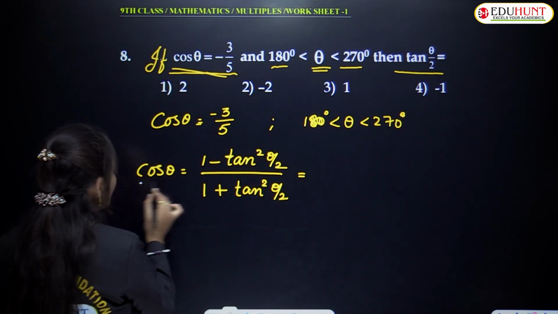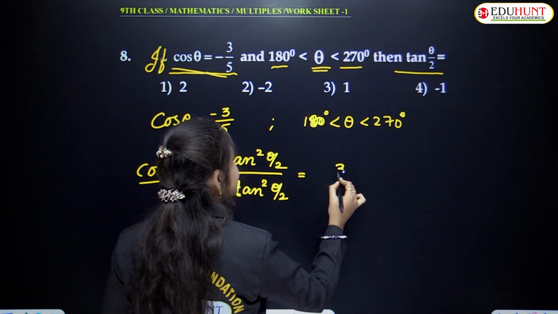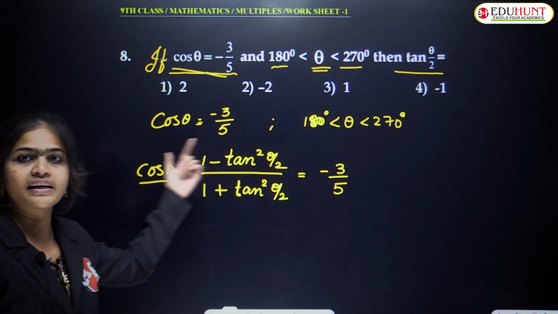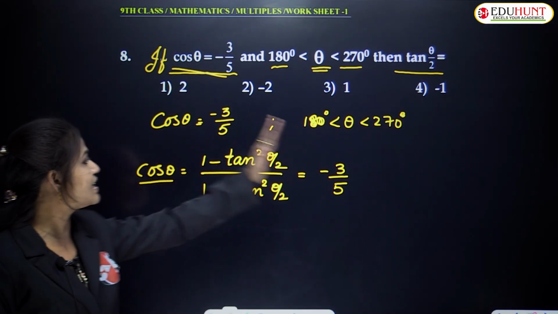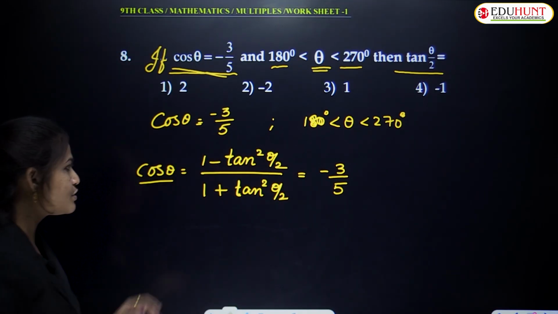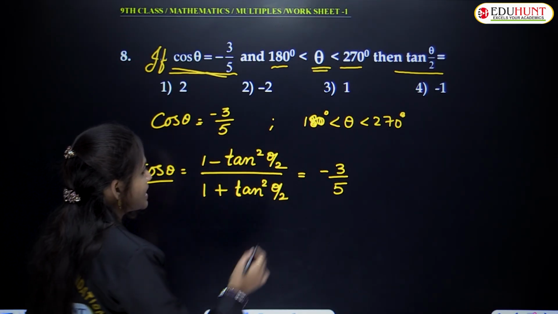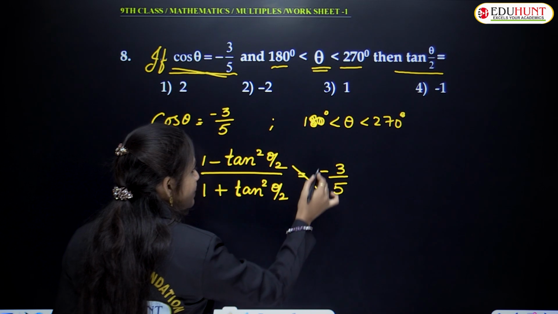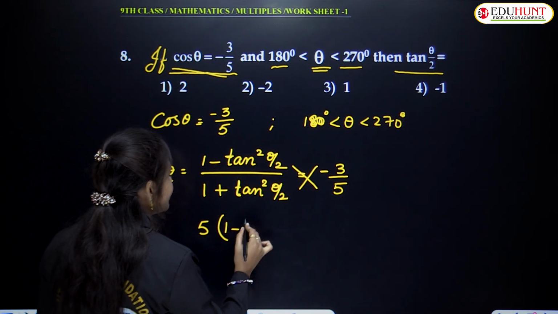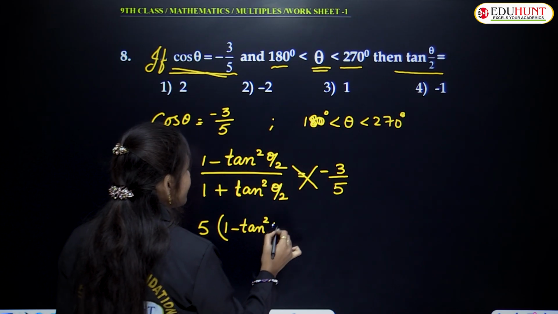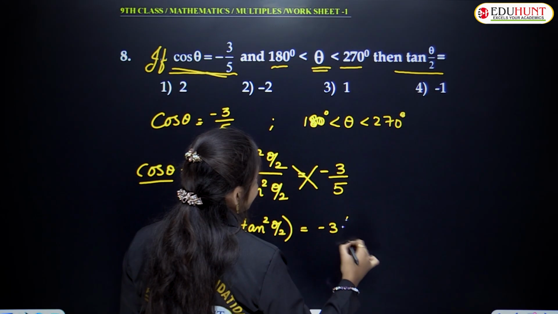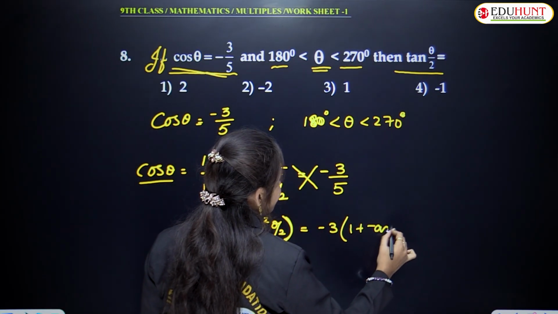They gave the cos theta value as minus 3 by 5. Instead of cos theta, we write that formula, since both are the same value. Now for the simplification, take the cross multiplication. So 5 into 1 minus tan square theta by 2 is equal to minus 3 into 1 plus tan square theta by 2.